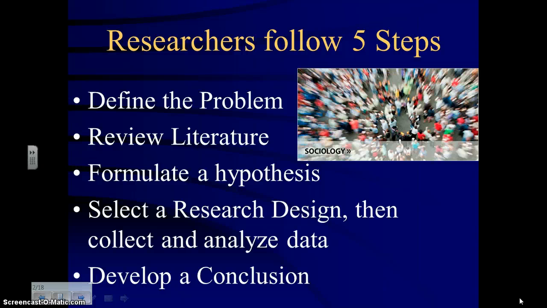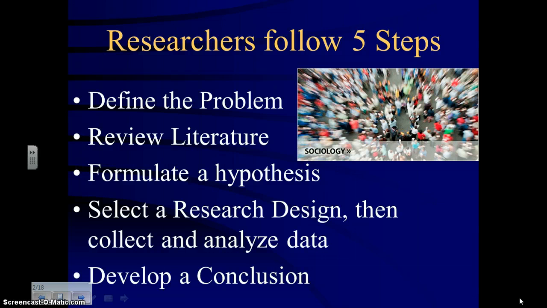We first define the problem, which could simply be coming up with the area we're going to look at. For example, is there a difference in pay between men and women in the workplace? Does teenage pregnancy increase the risk of poverty? That kind of thing. Then we review the literature, to find out what's already been done, what's out there.